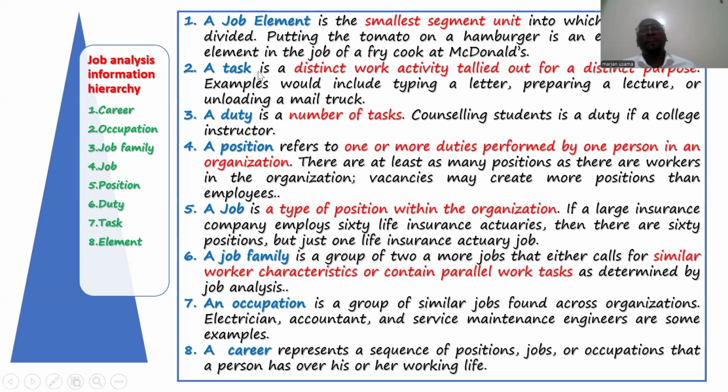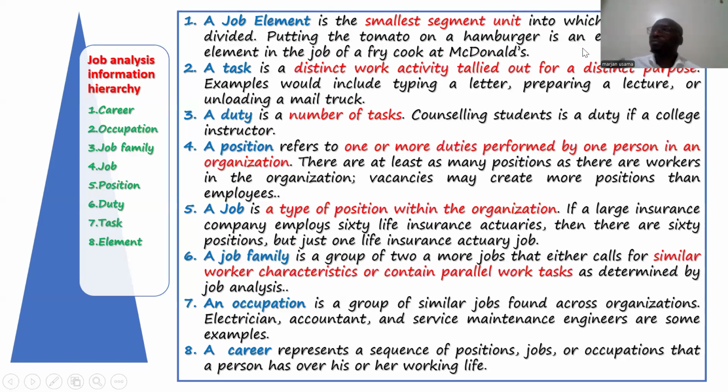So number one, there is what is known as a job element. A job element is the smallest unit into which work can be divided. So for example, putting the tomato on a hamburger is an example of an element in the job of a fry cook at McDonald's.